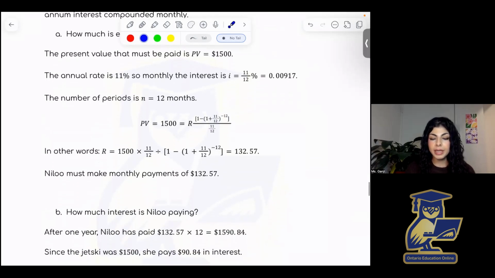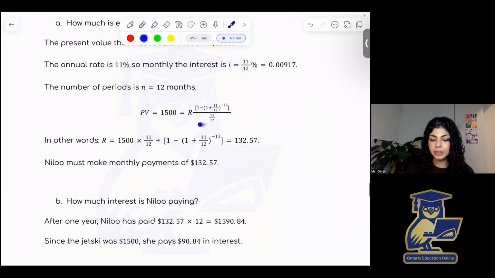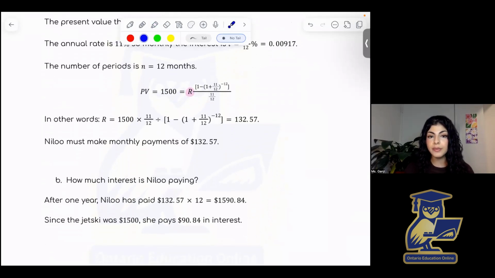And because it's over 1 year, the number of periods n is going to be equal to 12. And so substituting into the formula for present value, we have the following equation, but now we're solving for R, the regular payments. So with some rearranging, we find that R is $132.57, which means that she must make monthly payments of $132.57.